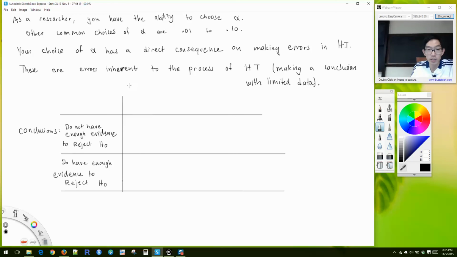the reality could be that the null hypothesis is true, or the reality could be that the null hypothesis is not true.